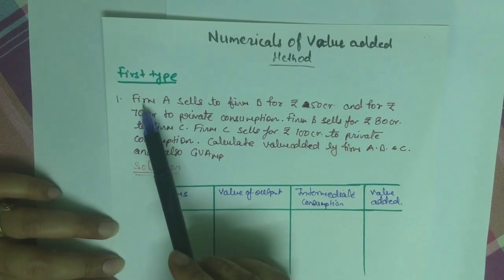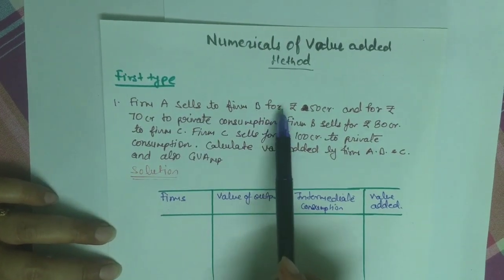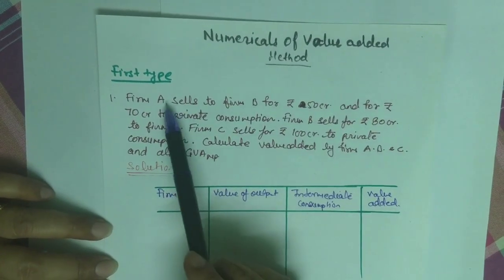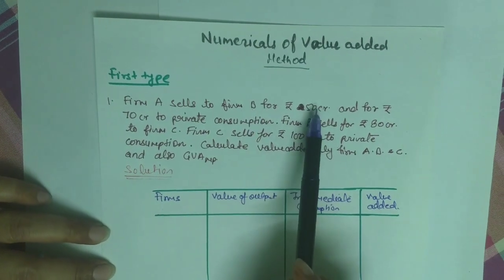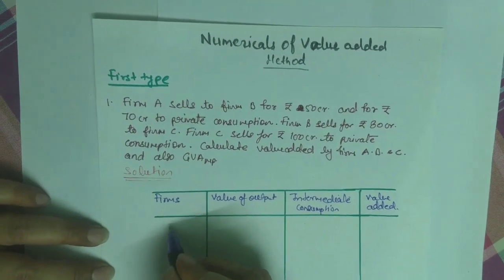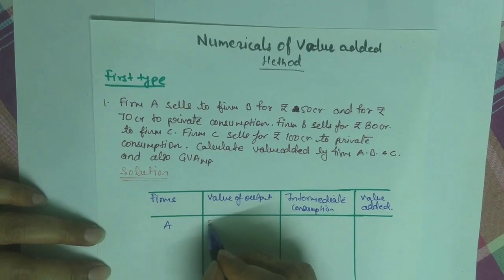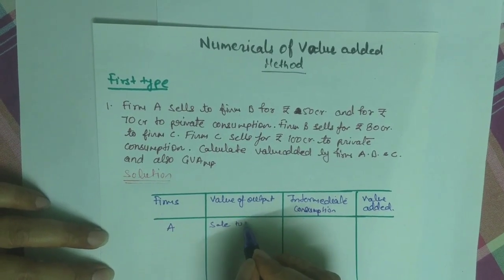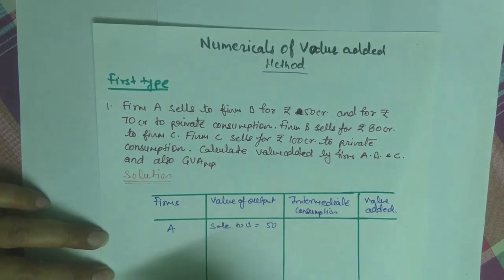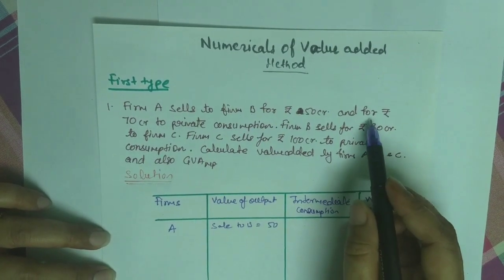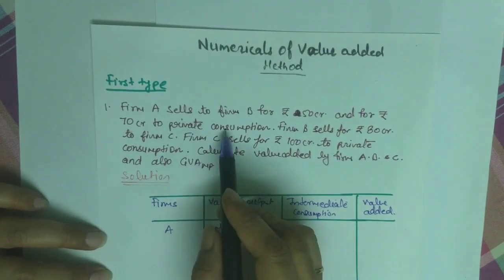So the question is, firm A sells to B for rupees 50 crore. Firm A sells to B. It means here firm A sales to B is 50, right? For rupees 70 crore to private consumption.